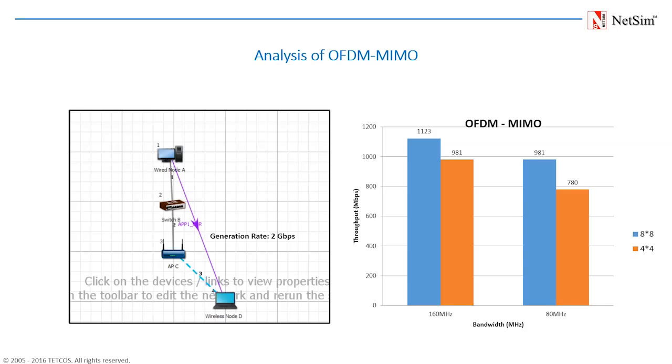As you can see in the graph, 4x4 at 80 megahertz gave us a throughput of about 780 Mbps, while the same at 160 megahertz gave about 980 Mbps. 8x8 at 80 megahertz gave about 980 Mbps, and 8x8 at 160 megahertz gave a throughput of 1.1 Gbps. These were some of the simulation results that we got for this particular simulation.